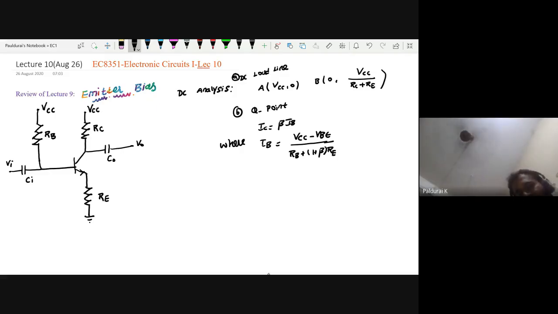So you know how to find IC. Then the value of VCEQ is VCC minus IC times RC plus RE.